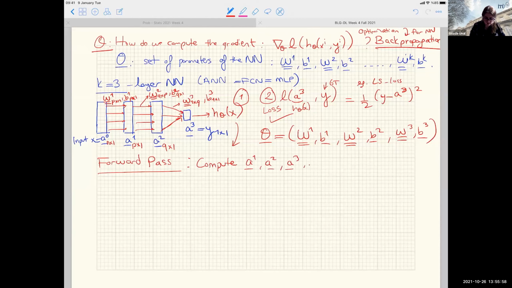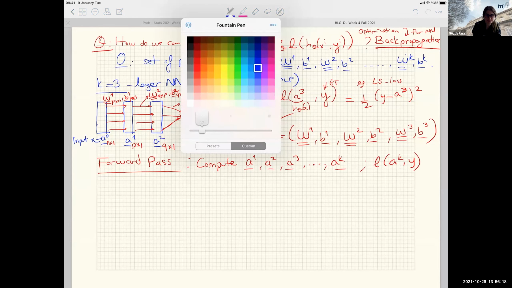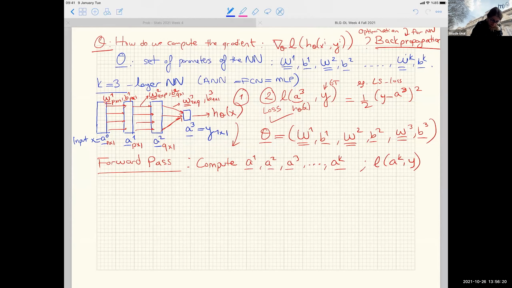But now I'm going to go to a general network, if this was a K-layer network, and I have my L between AK and Y, the loss function between the last layer output and the ground truth. Normally, for a given network, starting by A1, I have the activation F1, which could be something we will talk about.